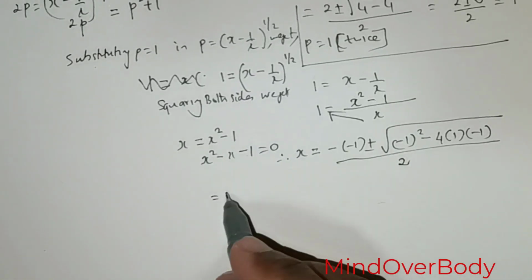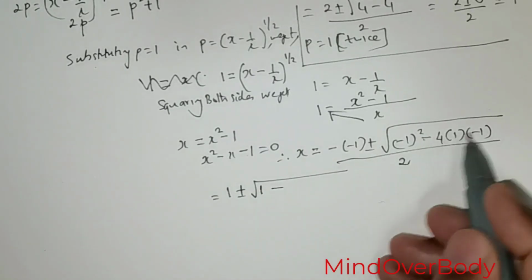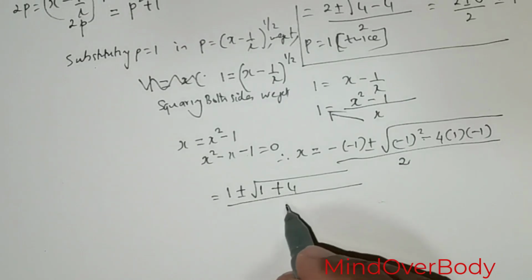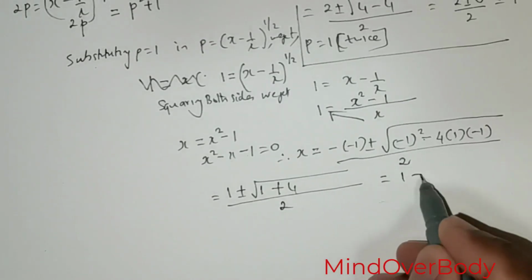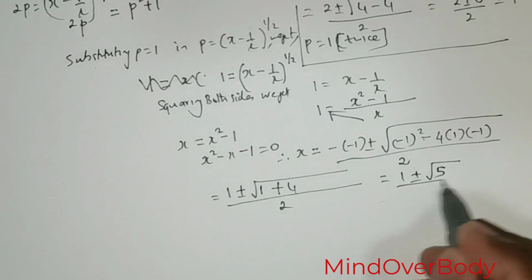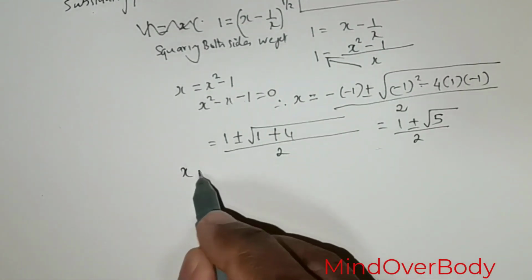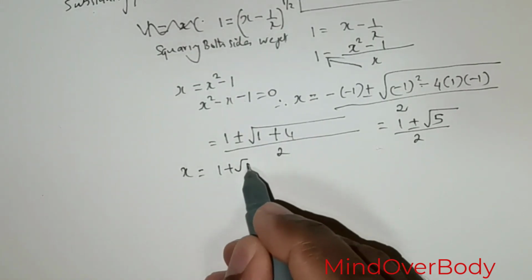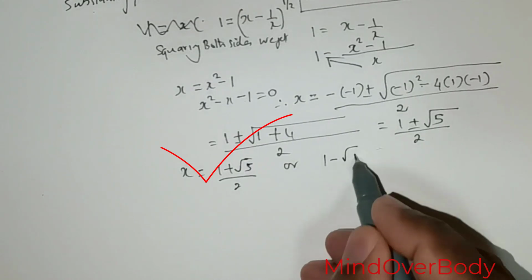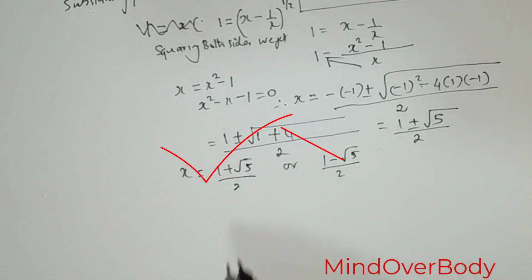This is equal to (1 ± √(1 + 4)) / 2, which is (1 ± √5) / 2. So therefore I get x = (1 + √5)/2 or (1 − √5)/2. Now clearly this second one would fail.